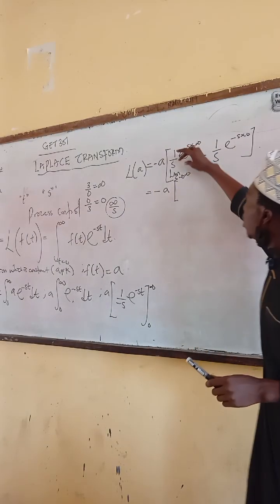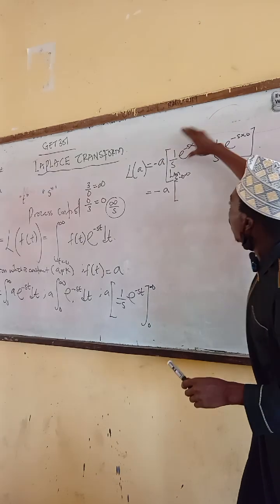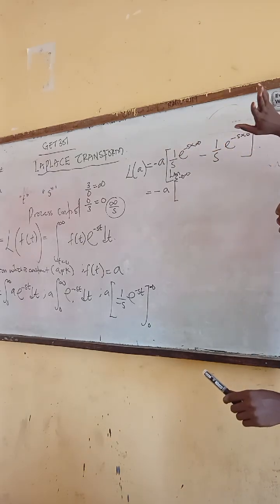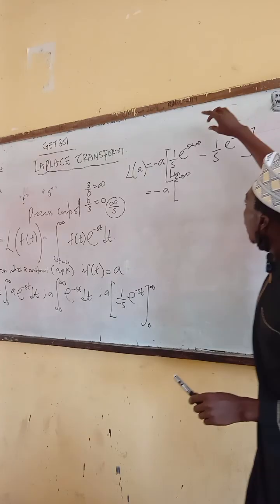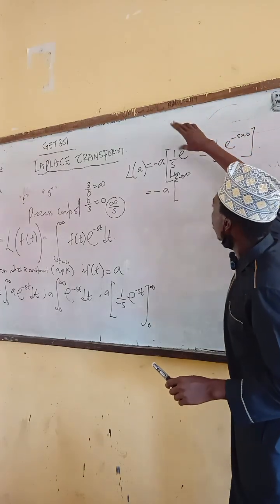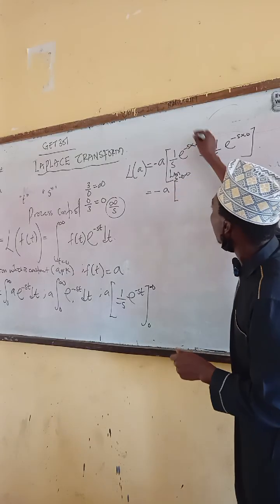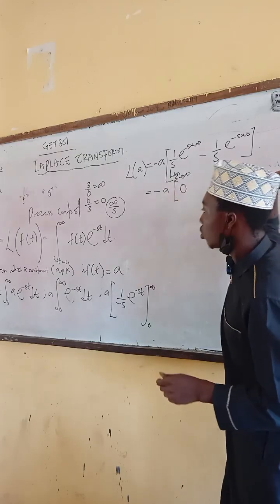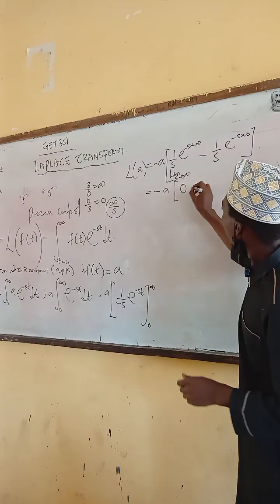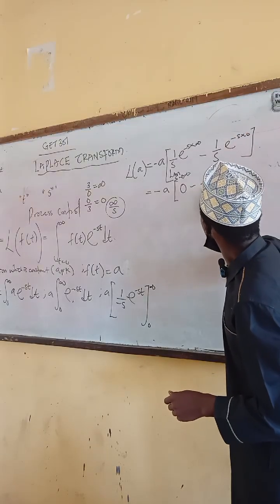So when you take the limit, s here tends to 0, everything will be 0. You understand? That's another way. So anytime you are having infinity multiplying a Laplace domain, just take the limit of that s to be 0. When you take the limit to be 0, automatically everything is 0. Then minus 1 over s.